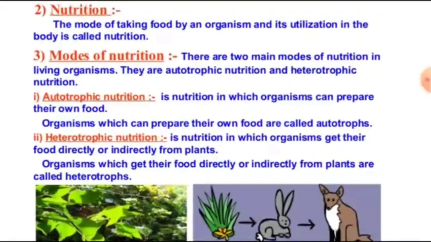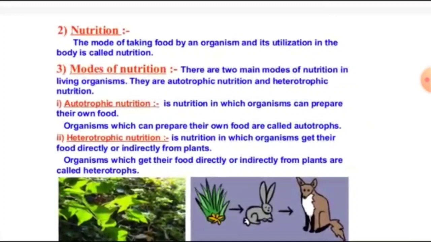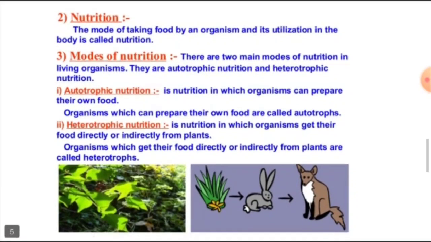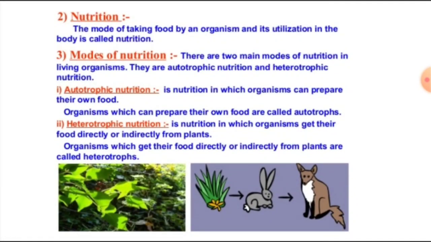Moving on to the next slide, nutrition. The mode of taking food by an organism and its utilization in the body is called nutrition. Now, modes of nutrition. There are two main modes of nutrition in living organisms: autotrophic nutrition and heterotrophic nutrition.